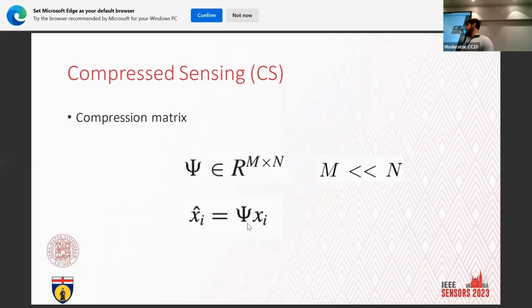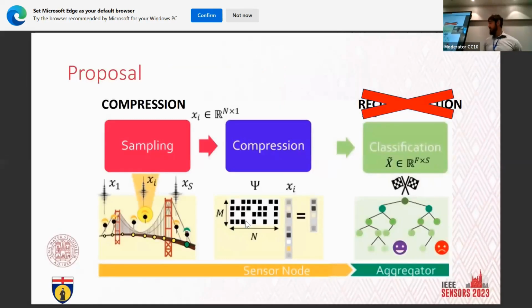The key point here is to retrieve a good compression matrix. And there are a lot of approaches in the literature that do this. But the key point is that even if you compress your data, you have to send a lot of compressed coefficients in order to reconstruct the data.